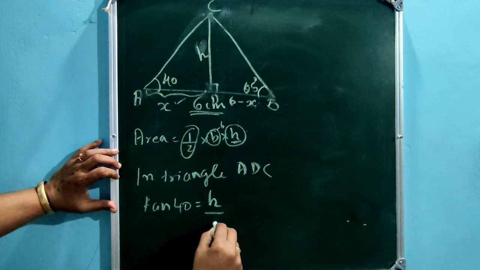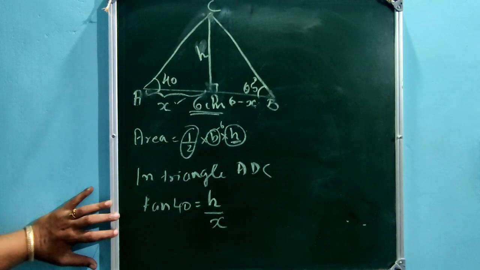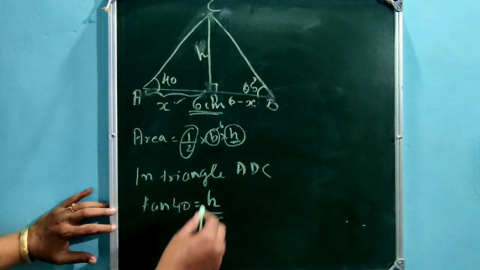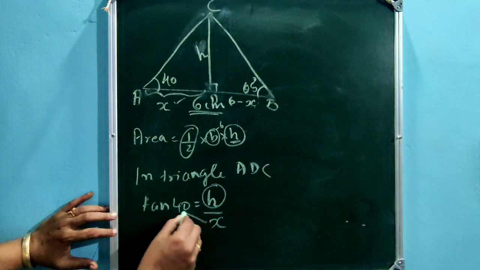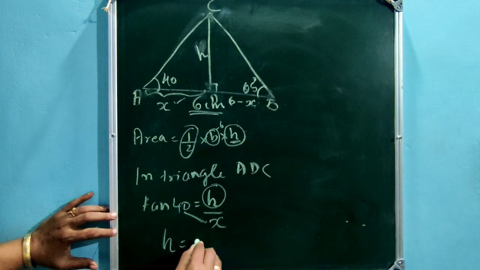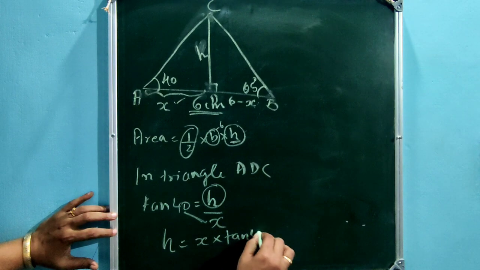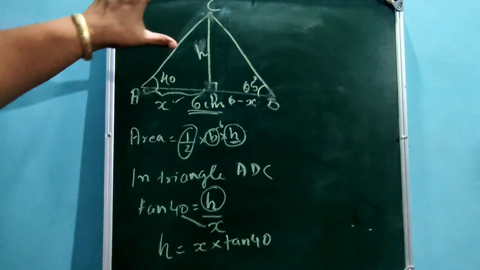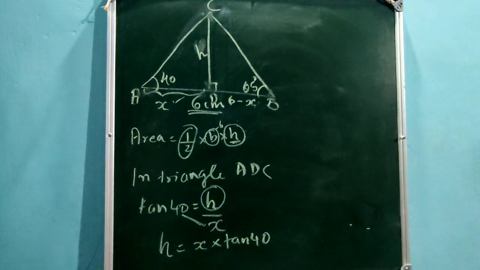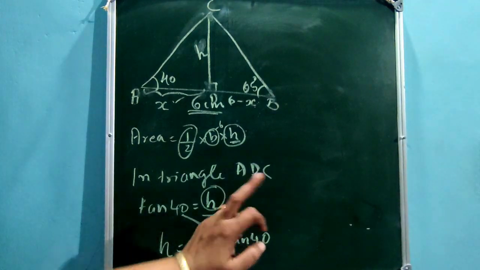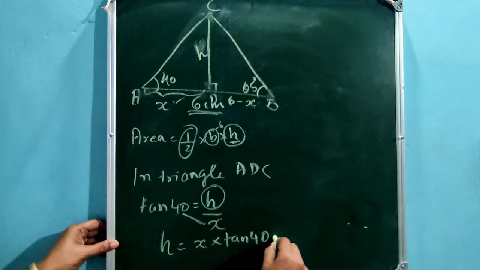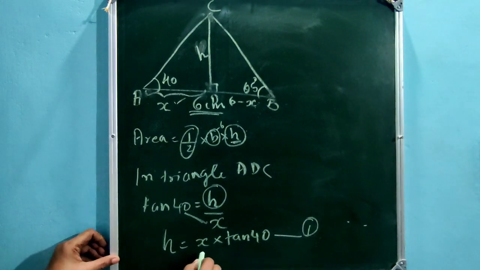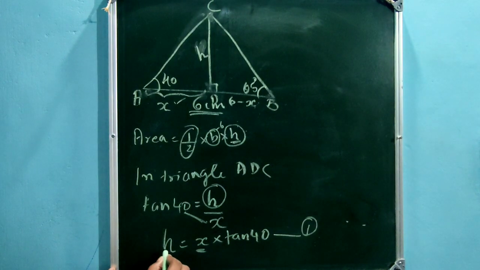So we have tan 40 is equal to h by x. From this, what is h? Just cross multiply these two. Then we have h is equal to x tan 40. That is our height. From the first triangle ADC, we have h is equal to x tan 40. We put this as equation number 1. But we don't know what is x, right? So we just take h is equal to x tan 40.